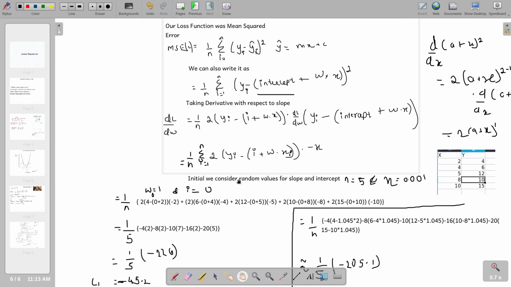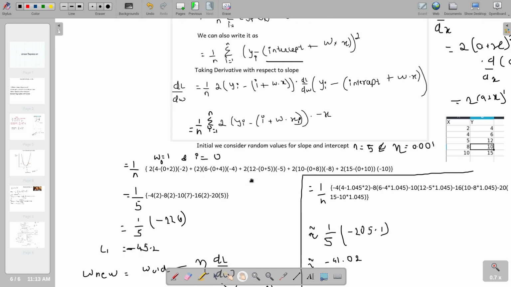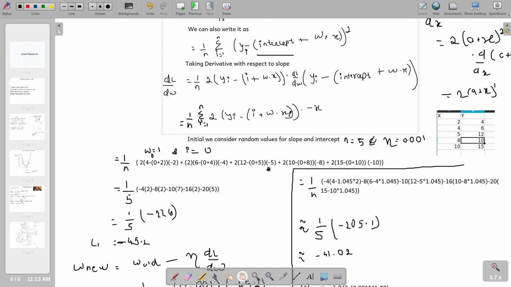I've written it down. Now how does the gradient descent algorithm work? It initially keeps random slopes and intercepts. So for this example I've kept slope as 1 and intercept as 0, and we'll take the same data and see how gradient descent works for this data.